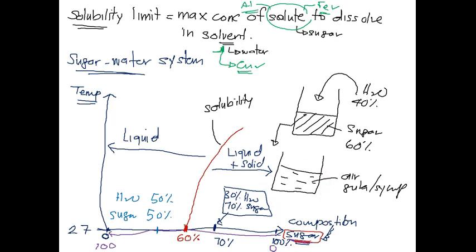But kan, you still need this 70% of gula with 30% of water. Kan, you still need this composition. Maksudnya you nak buat air gula yang paling manis lah, ataupun yang manis ini yang you nak. So what must you do? Sebab you tahu at room temperature you won't get this homogeneous system.